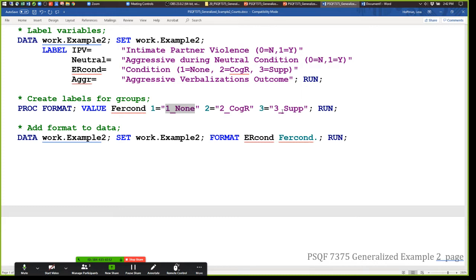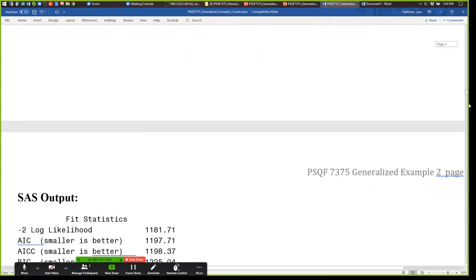And so I am overriding that tendency by sticking the number inside the label so that the order stays the same. I don't know if Stata does that to you or not. You'd have to find out. I don't think it does because there's no point in Stata where you give it a series of values for that until you get down to contrast. But that would be something to check. Good questions.